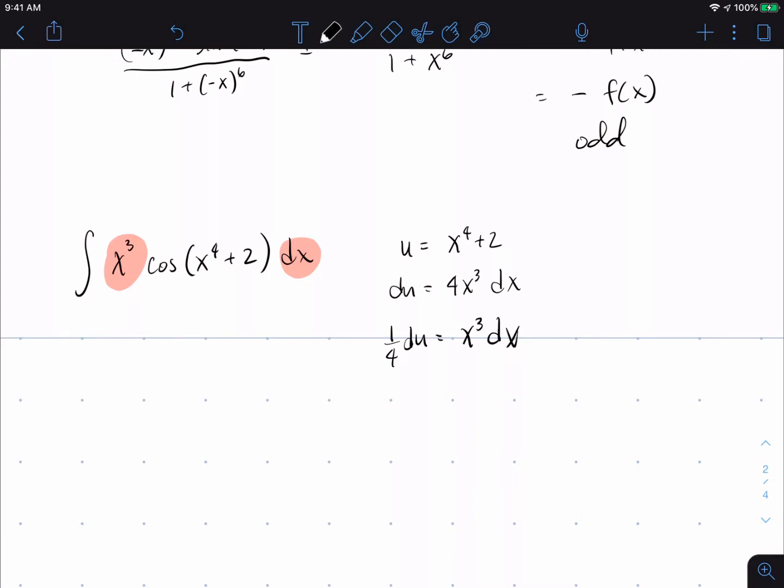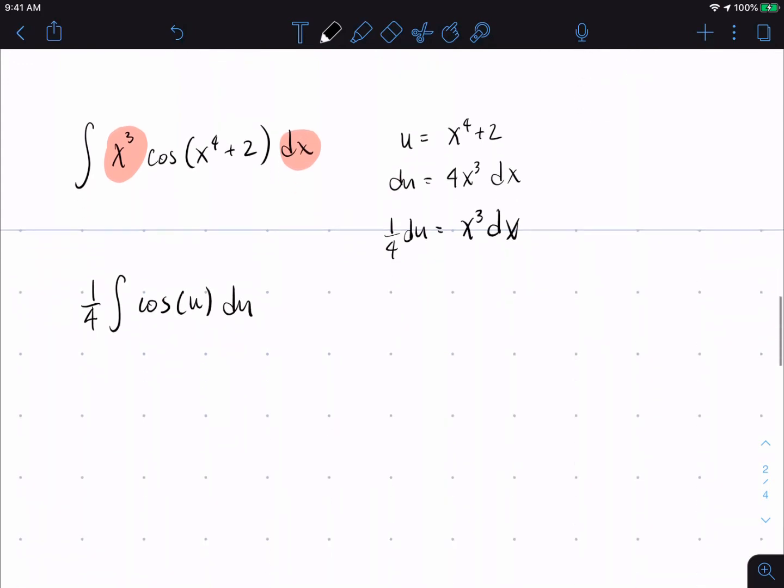So then when I do the integral, I'm going to go 1/4 the integral of cosine of u du. Do you see how this makes the problem so much easier for us to integrate? We know the integral of cosine of u, so we're going to get 1/4 sine of u plus some constant c, because we don't have bounds, we're indefinite.